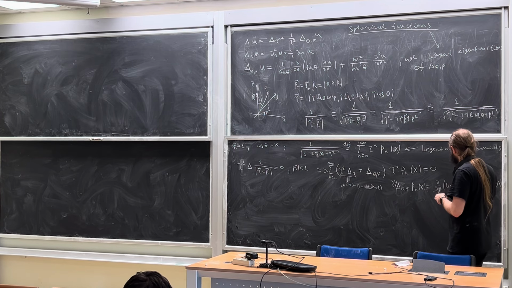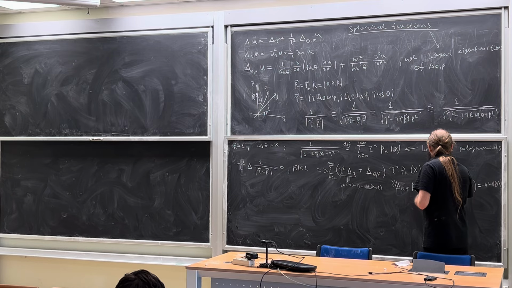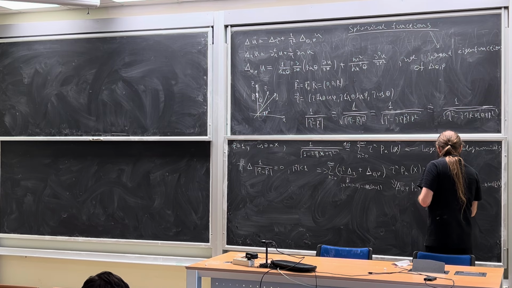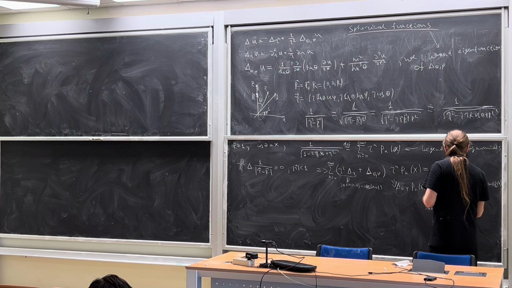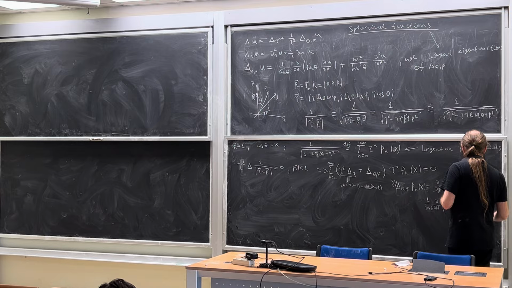So this is the same as 1 over sine theta d by d theta of sine squared theta, 1 over sine theta d by d theta, acting on Pn of cosine theta.